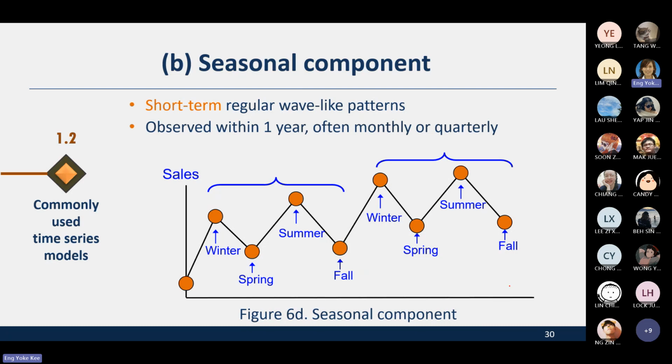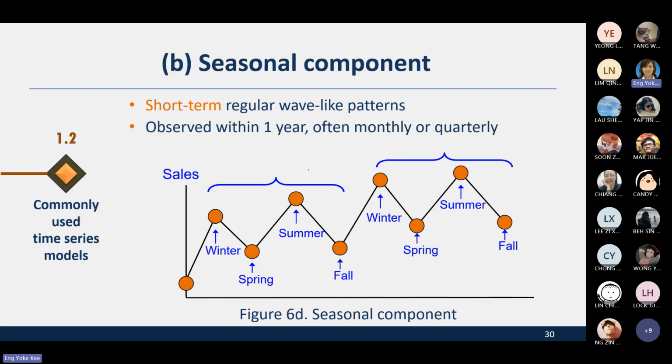Okay, so every year, it will show you a repeating pattern. So for example, we look at this quarterly data. So what is the repeating pattern here? So down, up, down, up, down. So 1 year you see this down, up, down, up, down. So what happened next? Right, down, up, down, up, down.